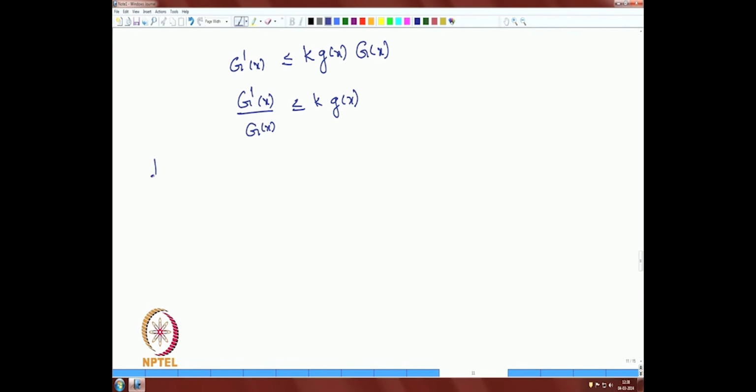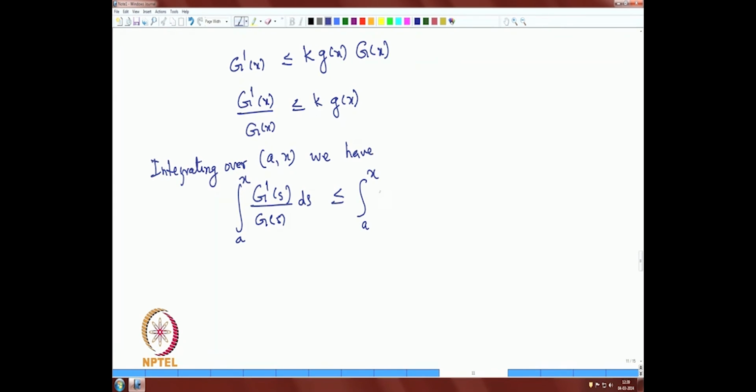Now, integrating this over the interval a to x, we have that the integral of G'(s) by G(s) ds, from a to x, is less than or equal to the integral from a to x of k times g(s) ds.